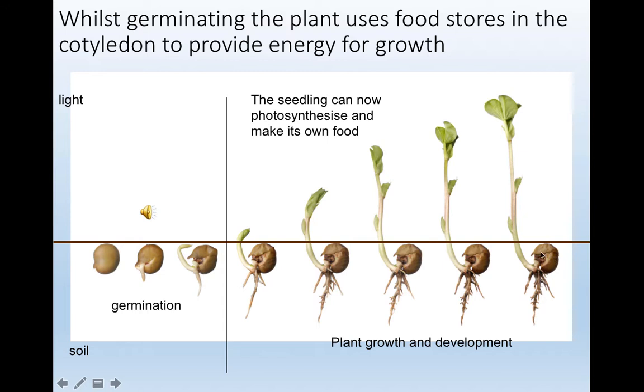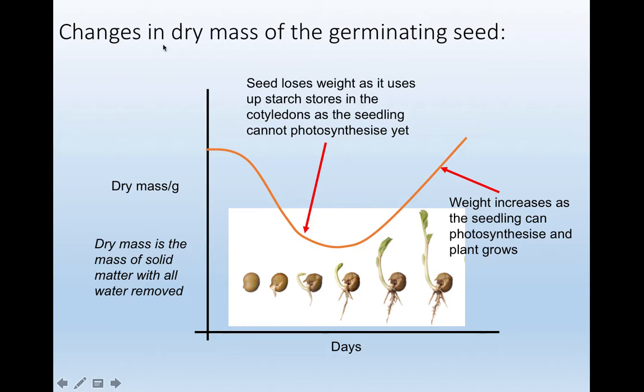The cotyledon is food storage, the starches stored there. The plumule is the embryo shoot and the radicle is the embryo root. This will come out, this will be the shoot, and the leaves.